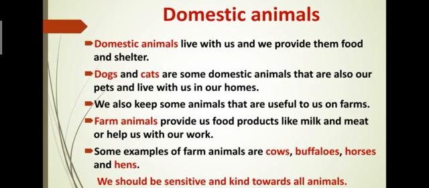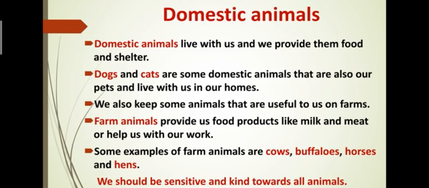Now, domestic animals. Domestic animals are the animals who live with us and we provide food and shelter, for example, cats and dogs. Farm animals are the animals who provide food products like milk and meat. They also help us in our work, for example, cows, horses, and hen.